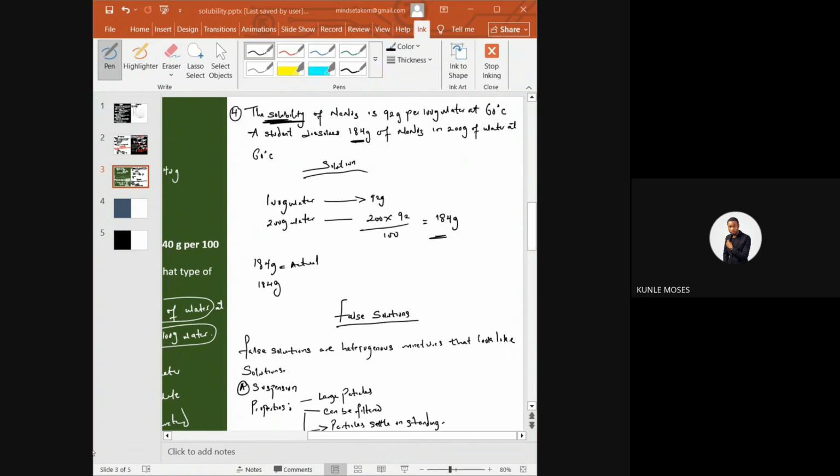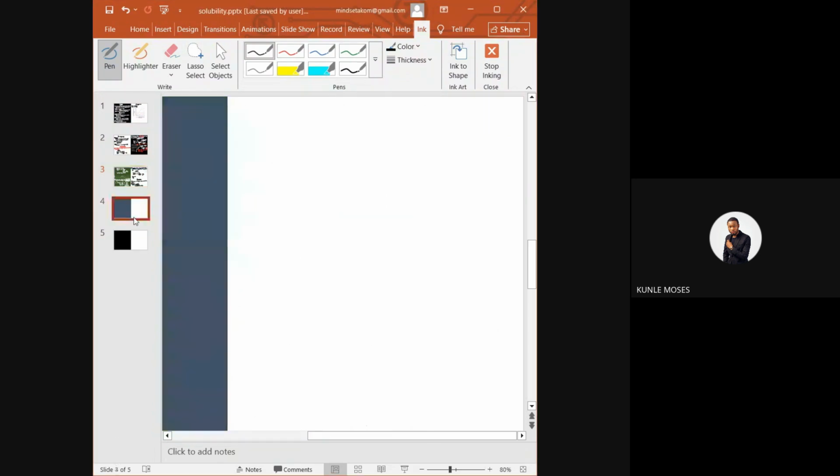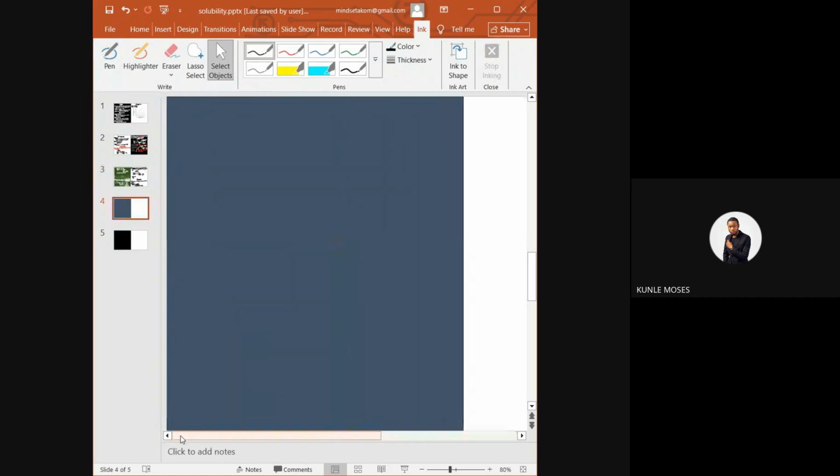Examples are muddy water and water-based paint. I will still give you a table too. Another type of false solution is colloids. The properties include they are medium-sized particles.